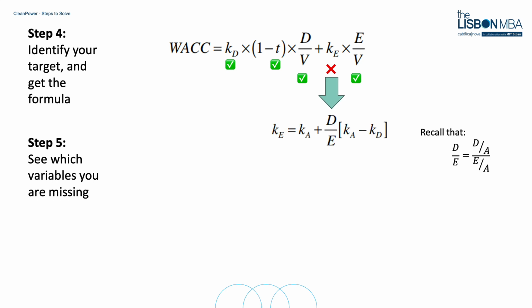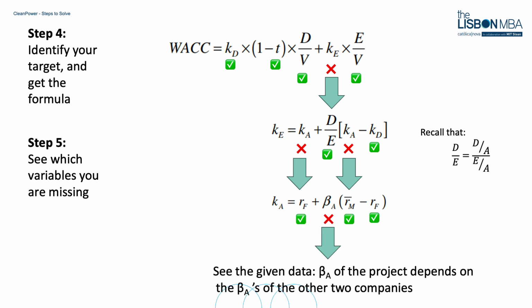We go to the formula again and get the formula. Bear in mind that the debt-equity ratio can be calculated as I put it there. And we have those two ratios, so it's not quite unknown. We know that for sure. What we don't know is the cost of assets. For the cost of assets, we have to use the CAPM again, and in this case we don't know the beta of the assets, but we have some information on it.